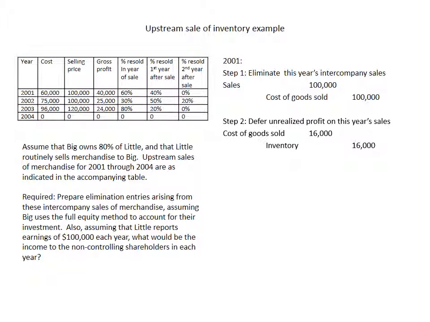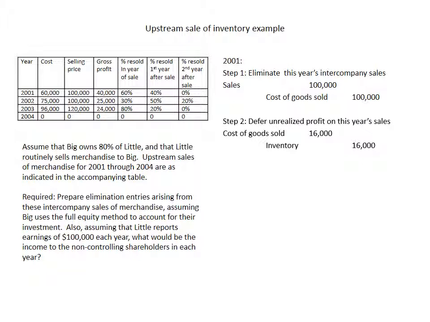Just looking at these numbers a little more closely. In 2001, the goods were sold upstream for $100,000. The cost of that merchandise was $60,000, so the cost as a percentage of selling price was 60%. Of the $100,000 in merchandise, 40% is still on hand at the end of the year. So 40% of $100,000 would be $40,000. That's the marked up value of the inventory.